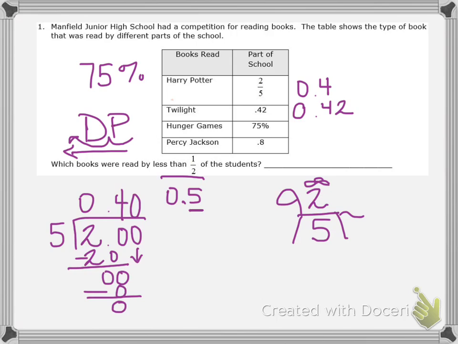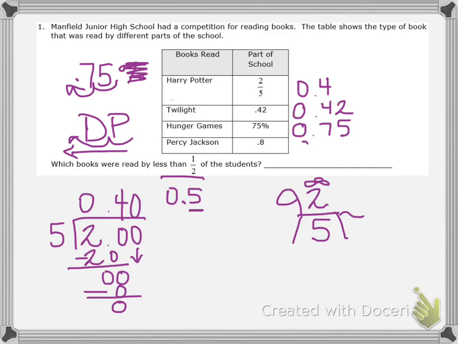Okay, so I'm going to get rid of this percent sign. I need to move my decimal 2 places. If you notice, there isn't a decimal there. Okay, remember, with a whole number, there's always an invisible decimal to the right of the number. So I'm going to start there, and I'm going to move it 2 places. So 1, 2. So I get 75 hundredths.